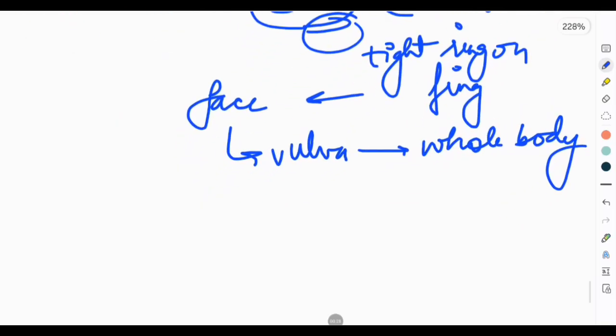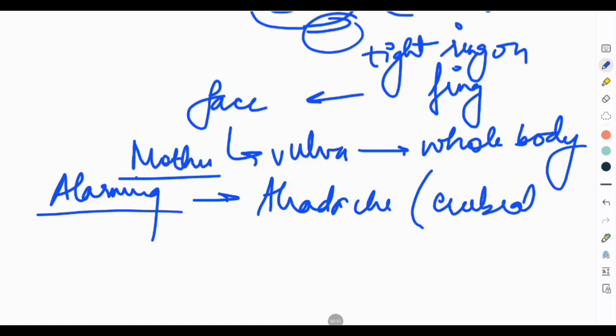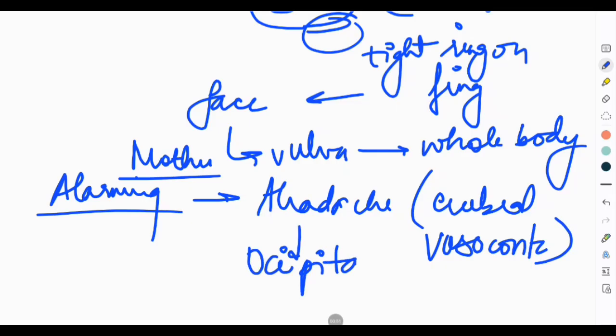Then there are alarming signs. These signs you have to know. There is headache. This is for the mother. Headache, which is because of cerebral vasoconstriction. The occipital and frontal lobes are usually affected here.